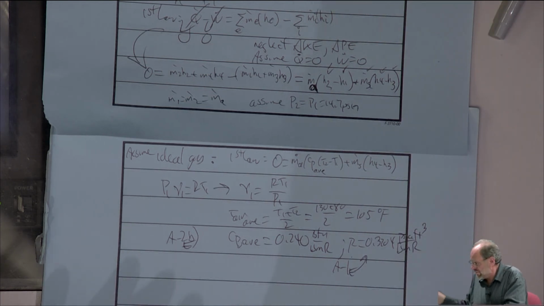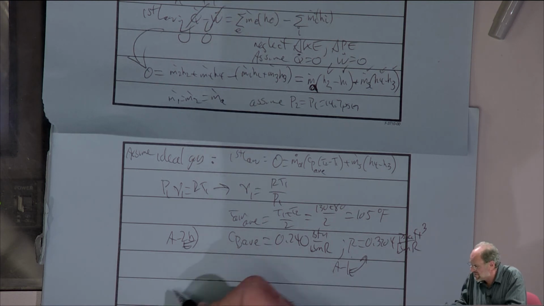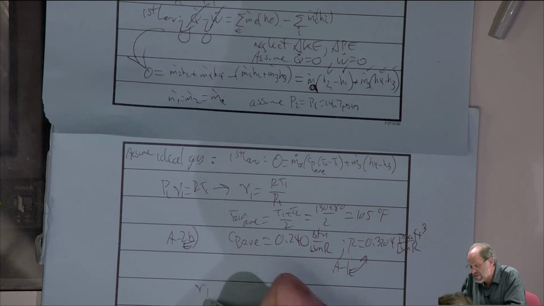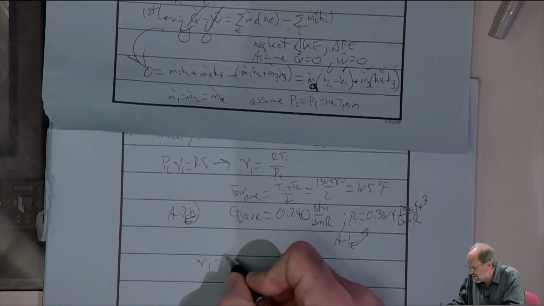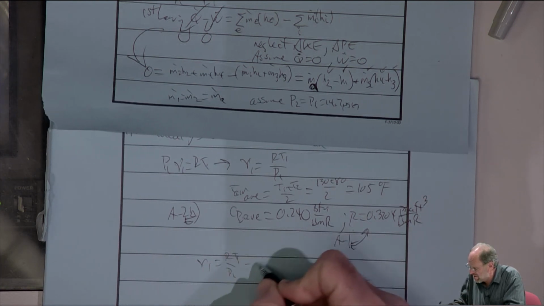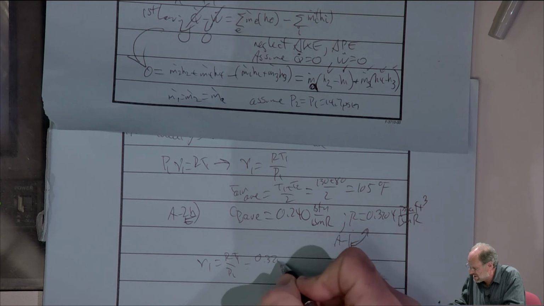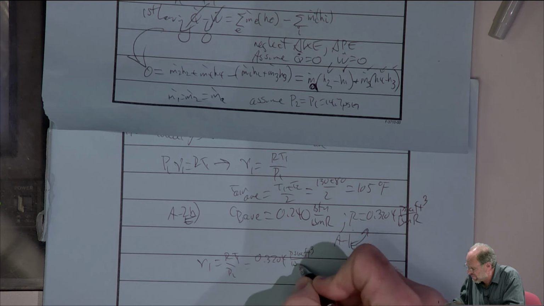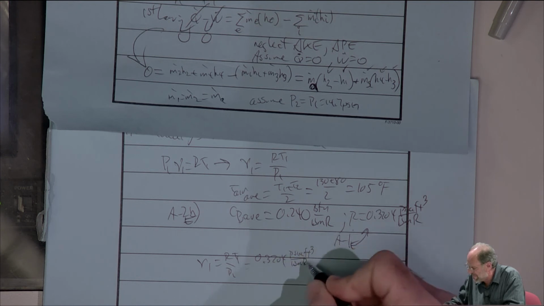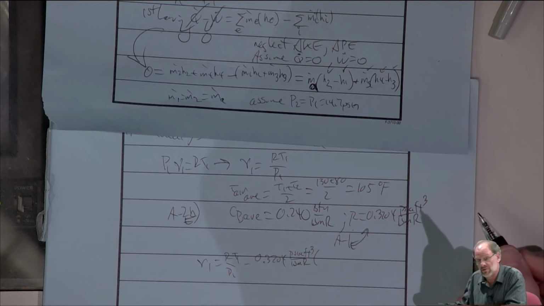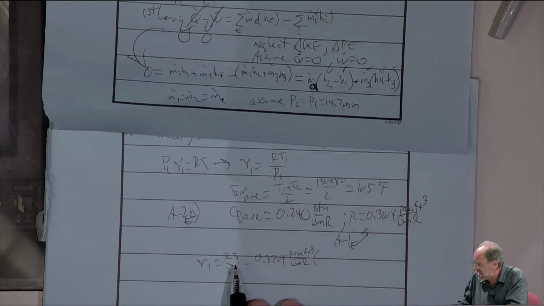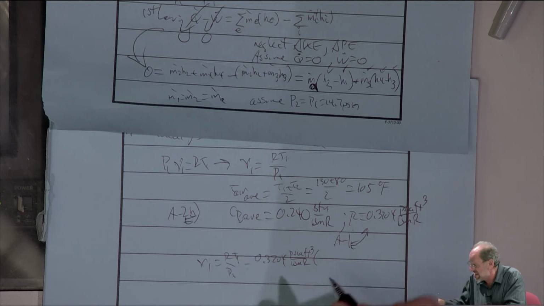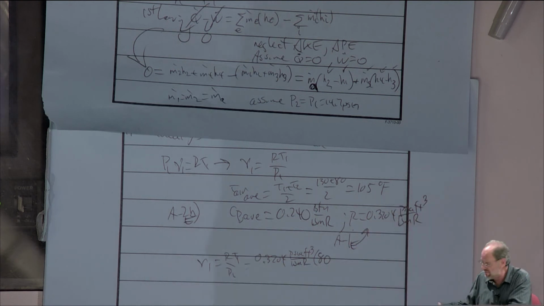Okay, so moving on, let's find the specific volume at point 1, as long as we're still here. So v1 is R times T1 over P1, so 0.3704 PSIA foot cubed per pound mass per R. We definitely have to use the temperature in Rankine. Keep in mind that this says T1, not T average, so we're finding specific volume at 1, and we better use the temperature at 1.